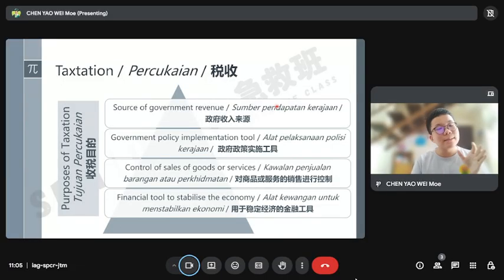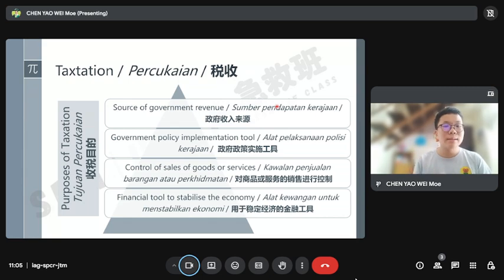Every taxation is agreed by the parliament. Not like in some country, I don't think so, but I think they have parliament to approve all the taxation policy.